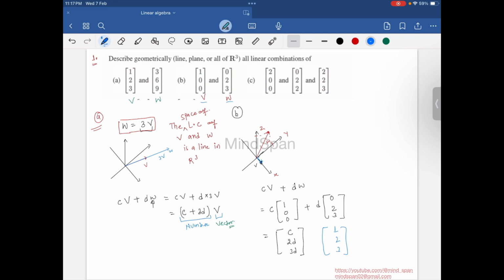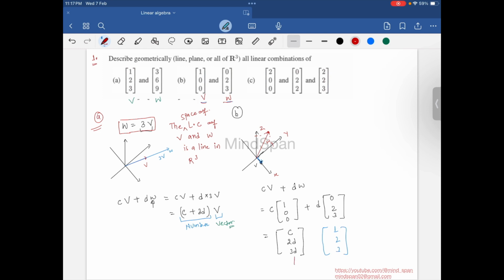So in this case we will have some kind of plane. So let me draw, maybe if I can draw. So we will have some plane, right? And there will be an infinite number of vectors on the plane described by the linear combination of this v and w, right?